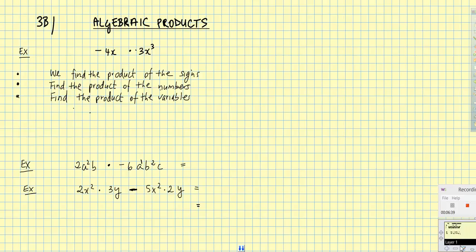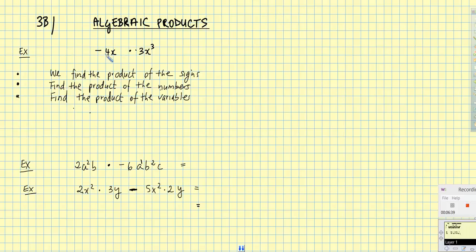So if we're looking at algebraic products, again, we've already done this when we worked on the indices in Chapter 2, but I think it's always worthwhile just reviewing this. So what we do is we want to multiply when we are doing algebraic products. So if it's products, we're referring to multiplication of terms.